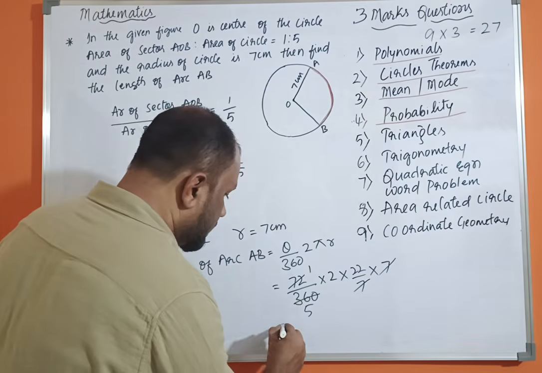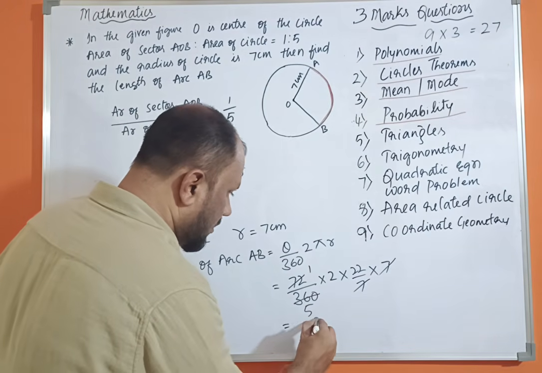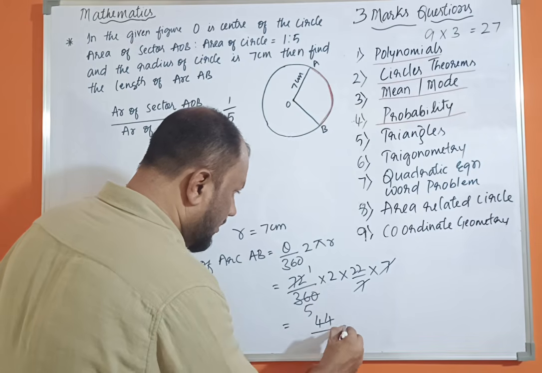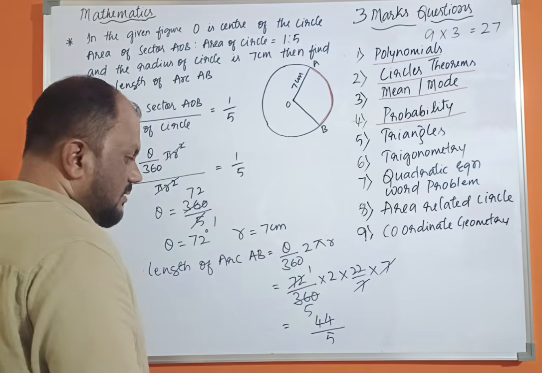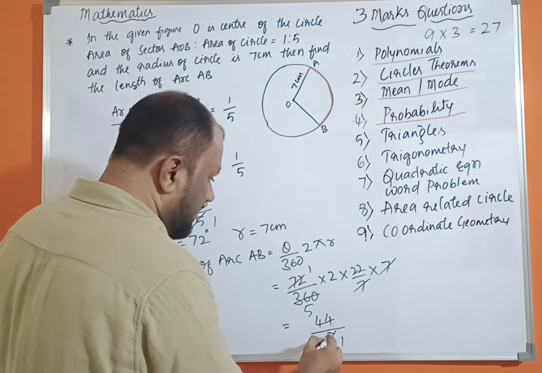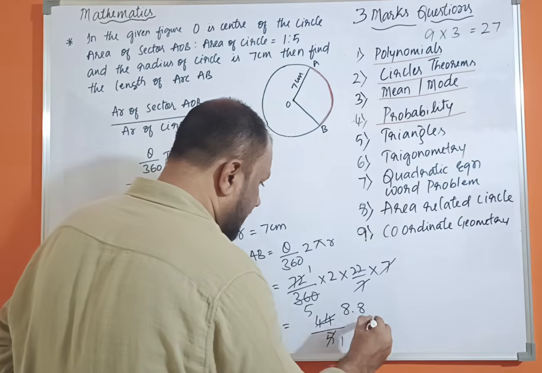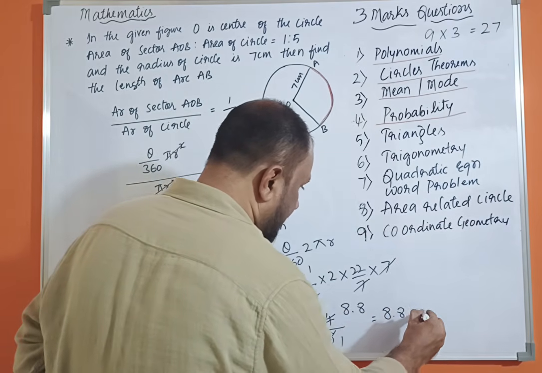So now the answer is 44 divided by 5, means 5 ones are 5, 5 eights are 40. The answer should come 8.8 centimeter.